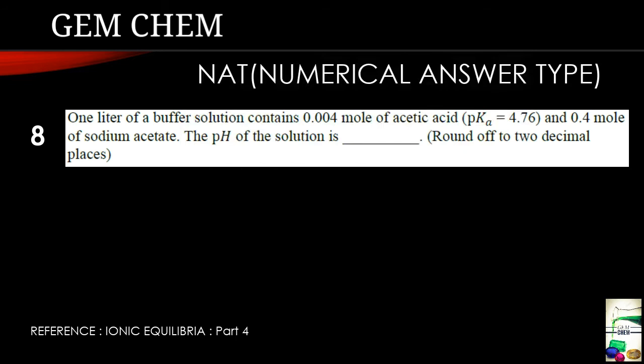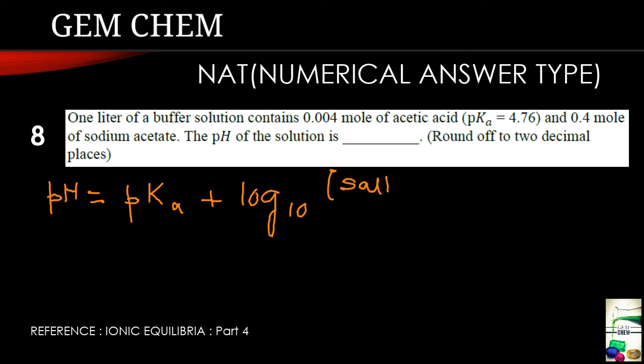above this video. Now see, a basic formula for pH of a buffer solution is pH equals to pKa plus log 10 concentration of the salt by concentration of the acid. This is very basic.